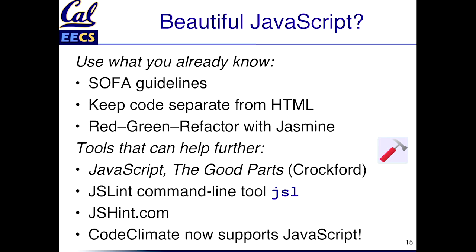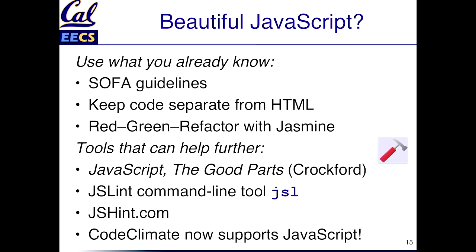And there's also some JavaScript-specific tools that are getting really good. There's a tool called JSLint that goes along with a book I really like called JavaScript: The Good Parts. It's basically, here's some advice for how to use JavaScript wisely and some things to just avoid using because they're broken language features. There's a command line tool that is built into the VM that we distribute called JSL, and you can just run it on your JavaScript files and get metrics back.